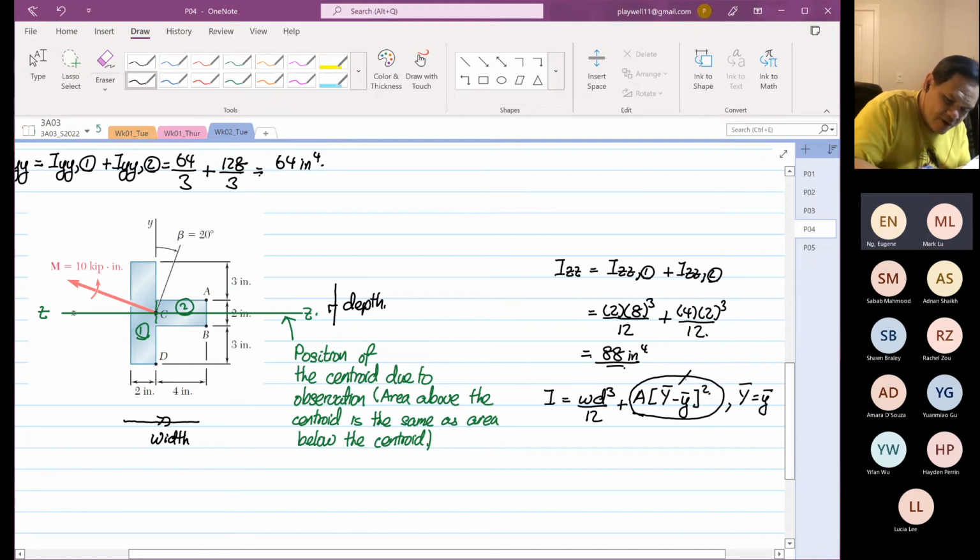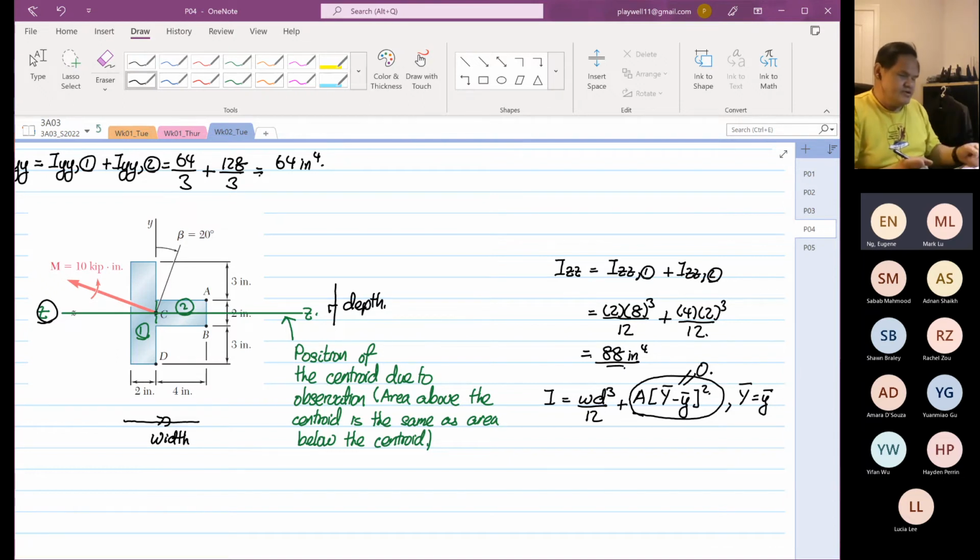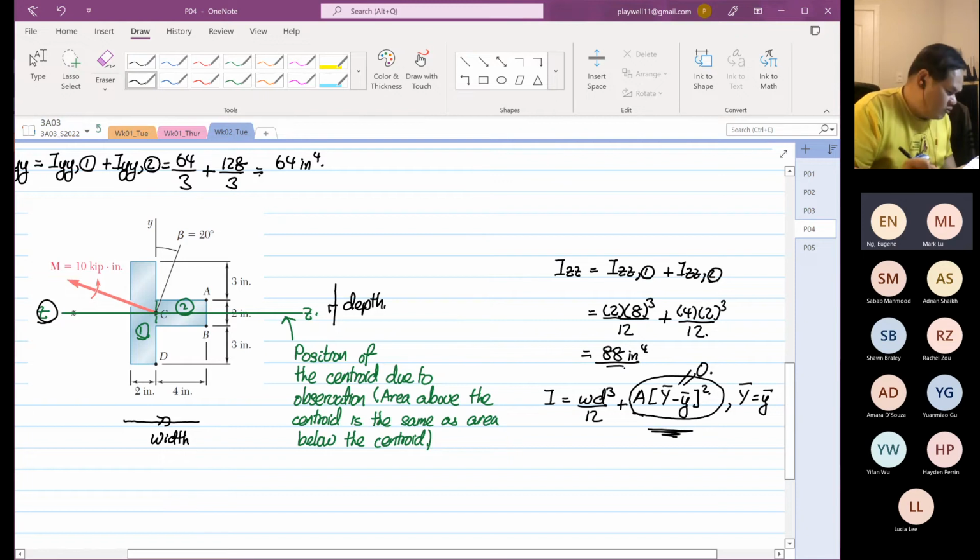So this term over here is equal to 0. Okay, because the centroid at section 1 is on the z-axis. The centroid in section 2 is also on the z-axis. Okay, and the global centroid is also on the z-axis. So don't waste time to include this because it's going to be equal to what? It's equal to 0.